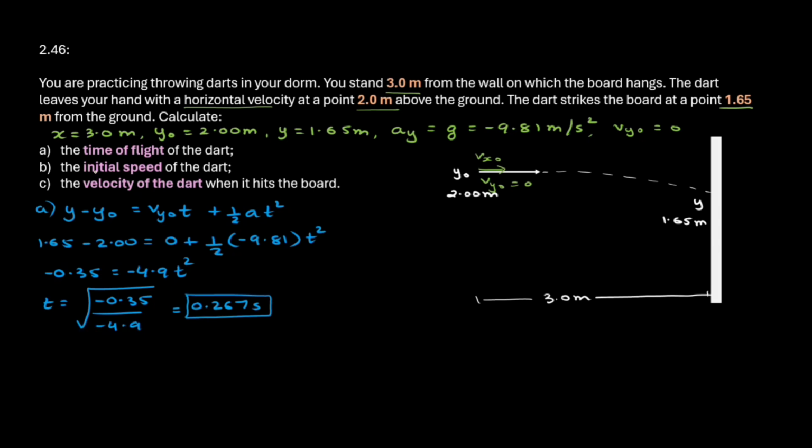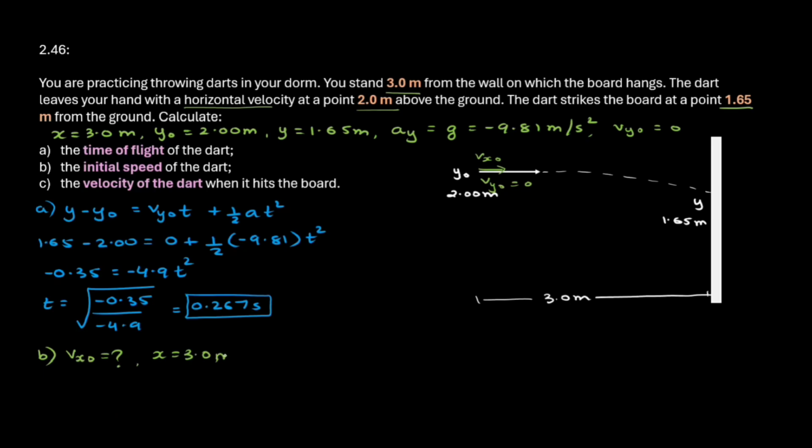Next in part B, we need to find the initial speed of the dart. Now the initial speed of the dart is only its horizontal velocity, that means its velocity along the x-axis, as the initial y velocity for a horizontally launched projectile is 0. So my initial speed will only be vx0. So for part B, we need to find vx0. We have given you the distance the dart travels along the x-axis, which is x equals 3 meter.